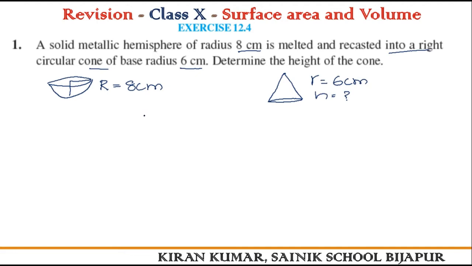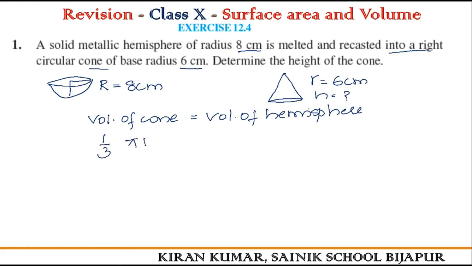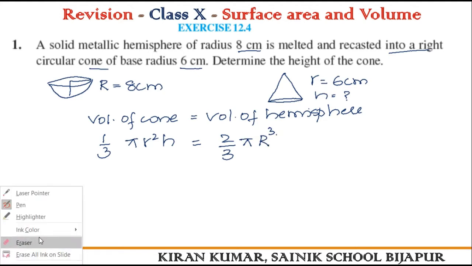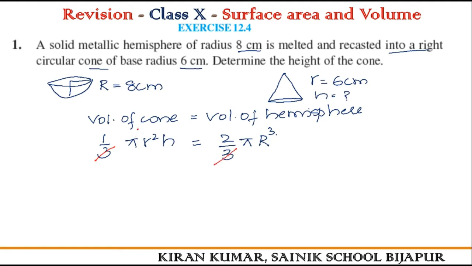Here one figure is melted and recast into another, so their volume will remain the same. So volume of cone will be equal to volume of hemisphere. Volume of the cone is 1 by 3 pi r square h. This will be equal to the volume of the hemisphere, which is 2 by 3 pi r cube. Since the denominator 3 is present, I can cancel them out.